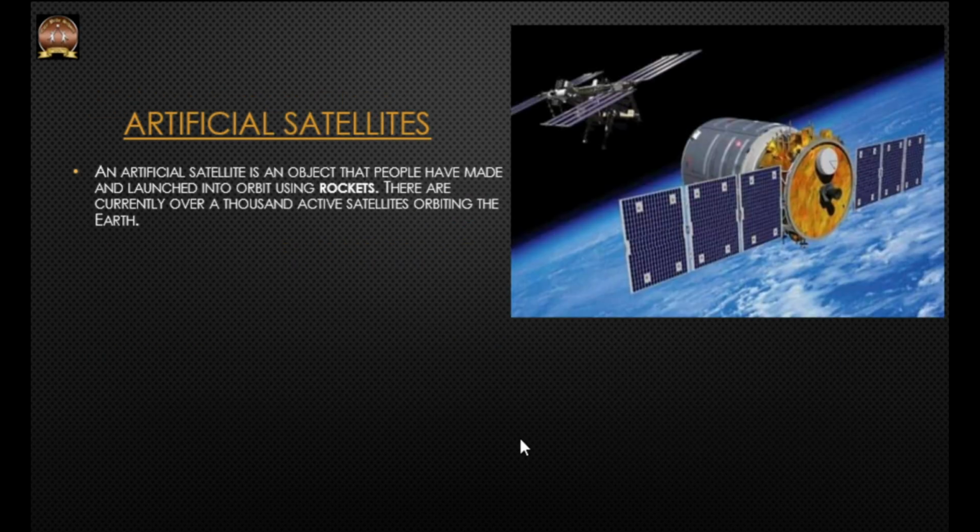Now let's learn about artificial satellites. An artificial satellite is an object that people have made and launched into orbit using rockets. There are currently over 1,000 active satellites orbiting the Earth.